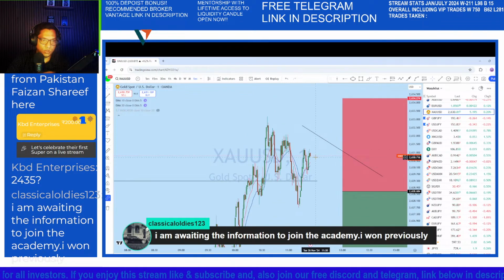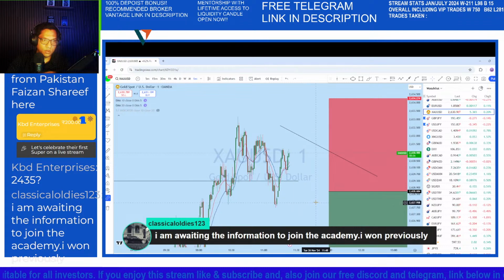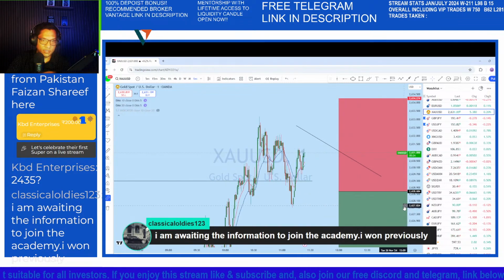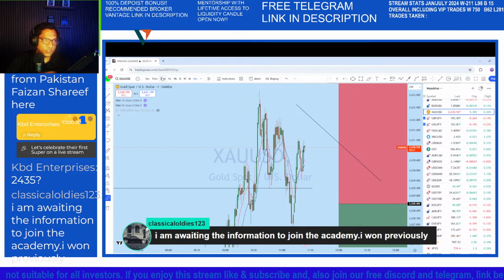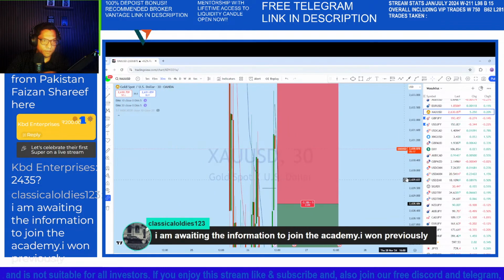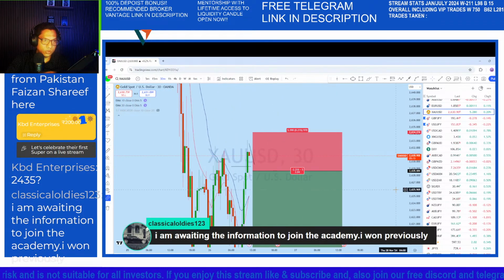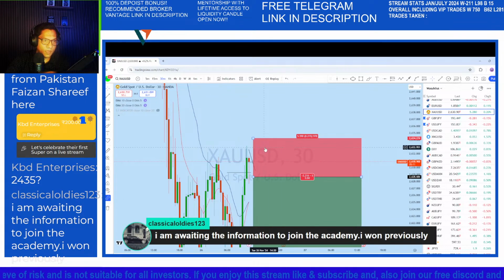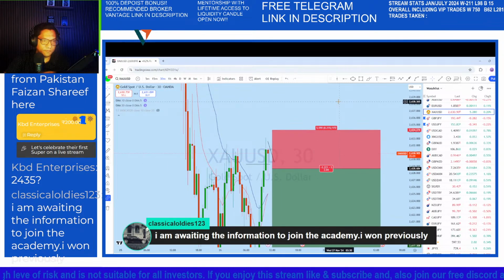I think now if it wants to test this support, we can expect it to return in that direction. So there is a complete bounce here. This is the 30 minutes price action.